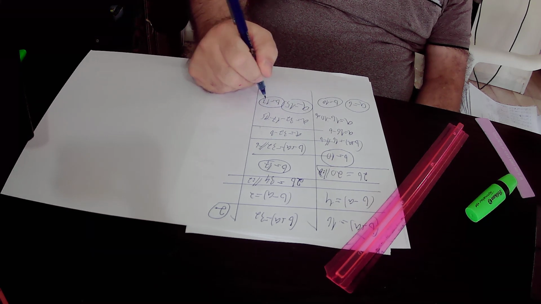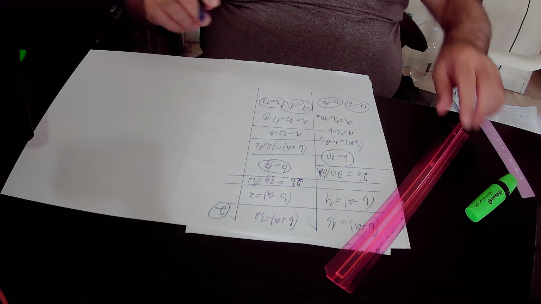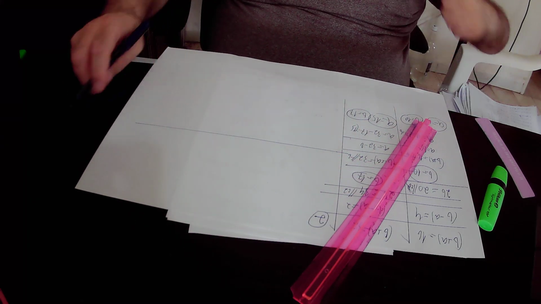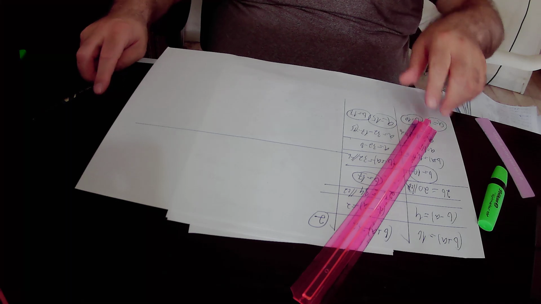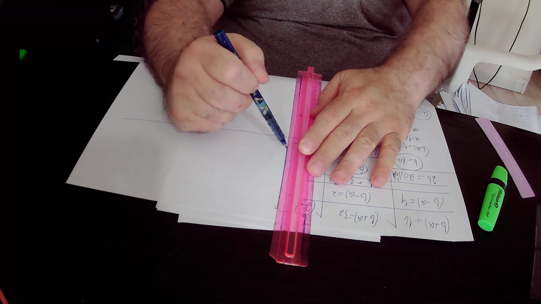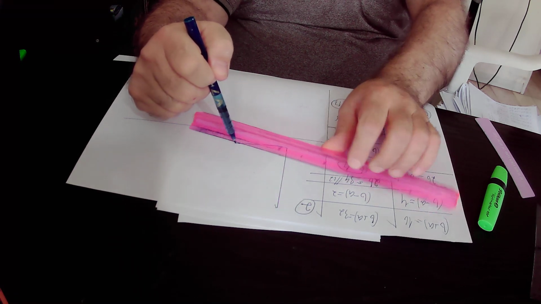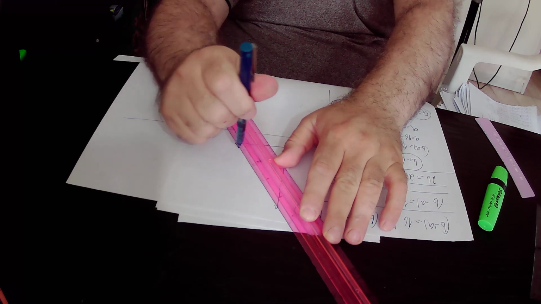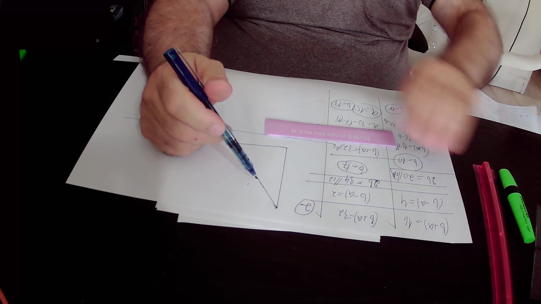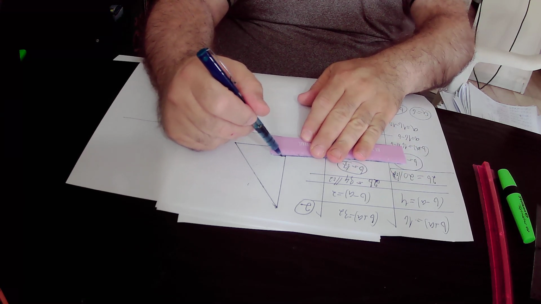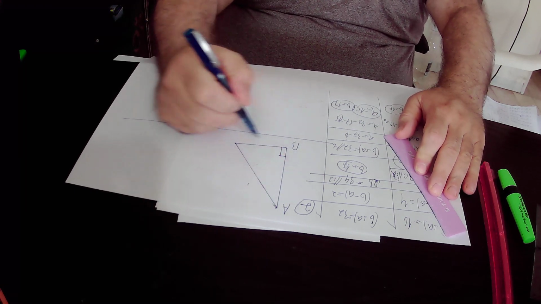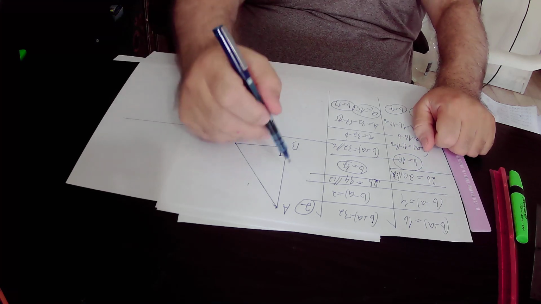Now I will draw the two right triangles in here. According to the first option, we have a right triangle ABC. It has been given in the question that AB equals 8 units.